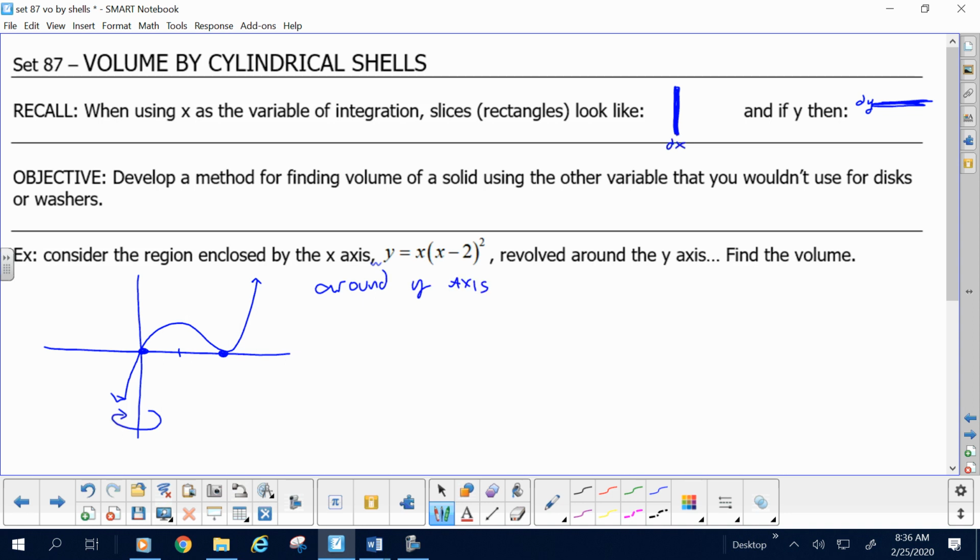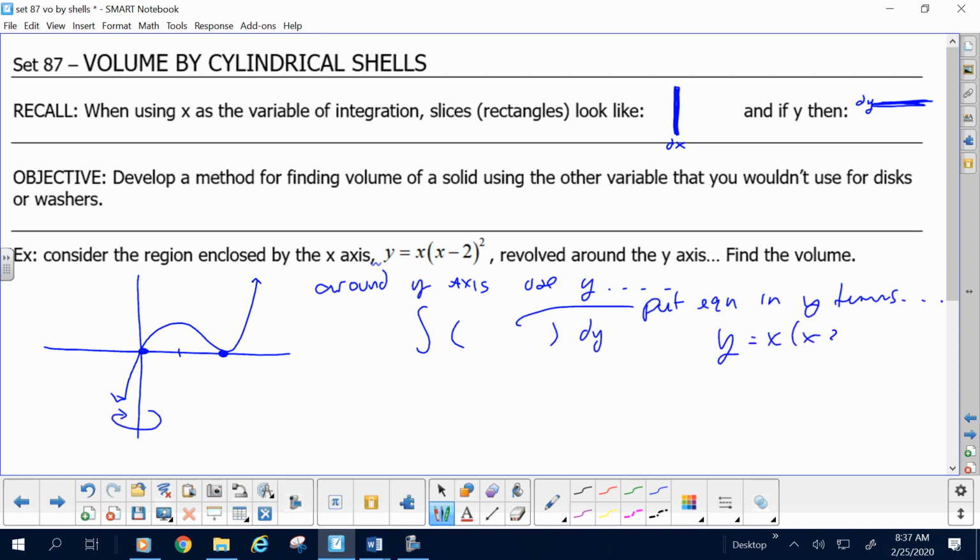Now, if this is revolved around the y-axis, we would use y, yeah? That's what you've been taught, not me. So, okay, why not? Well, if it's around the y-axis and we're going to use y, then don't we need to put the equation in y terms? So solve for x. Y equals x times x minus 2 squared. Solve for x. Go.